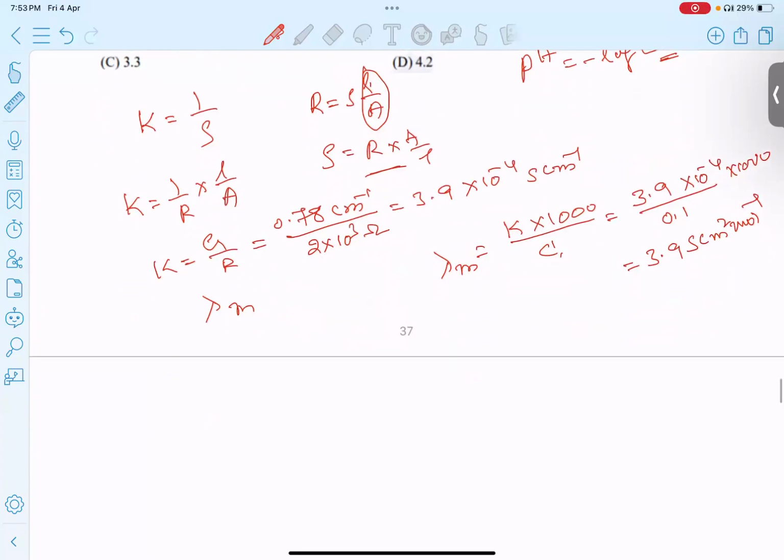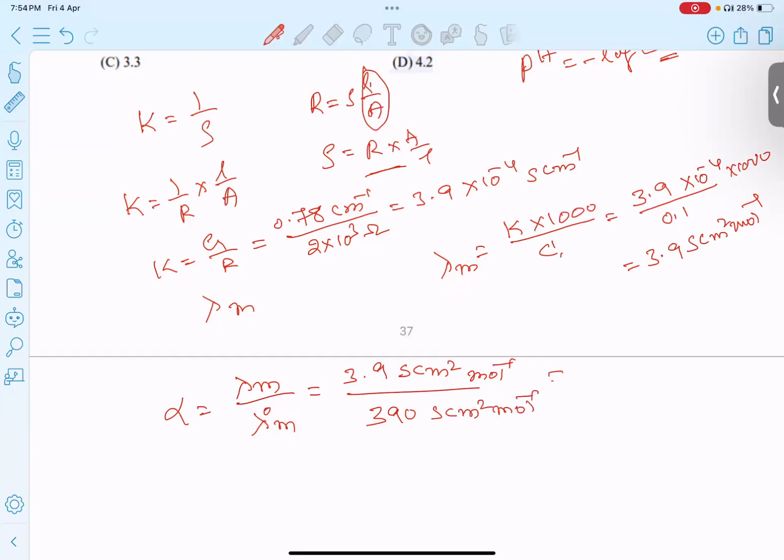Once you find the molar conductivity of the weak acid, find the degree of dissociation. Alpha is equal to lambda m by lambda naught m. Lambda m calculated just now is 3.9 Siemens centimeter square per mole, and lambda naught, the limiting molar conductivity, is given as 390 Siemens centimeter square per mole. So the answer is 0.01.